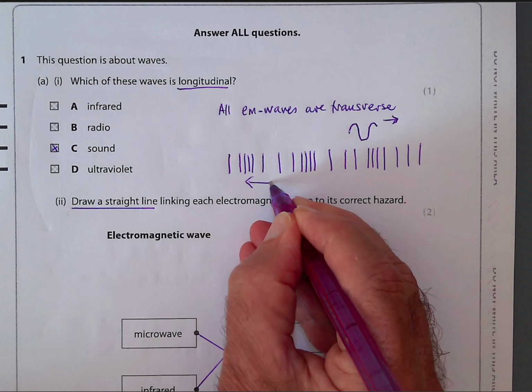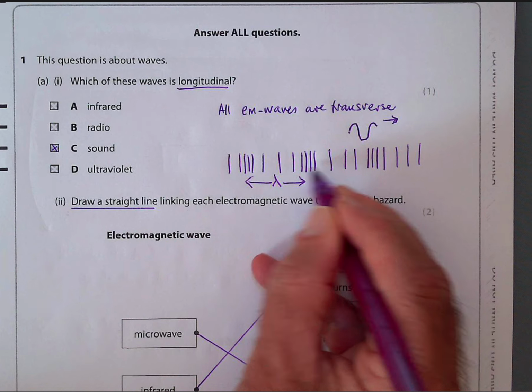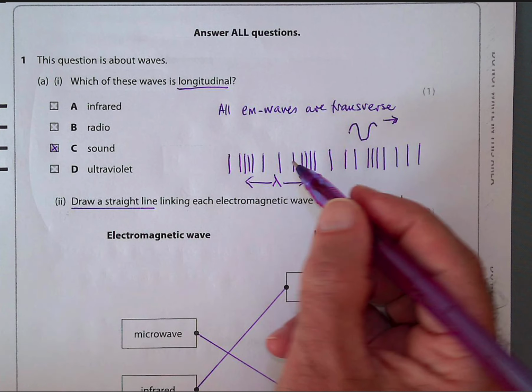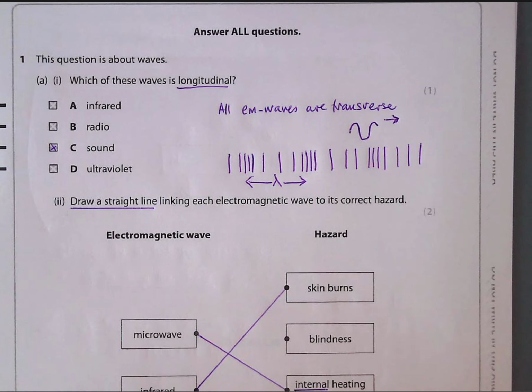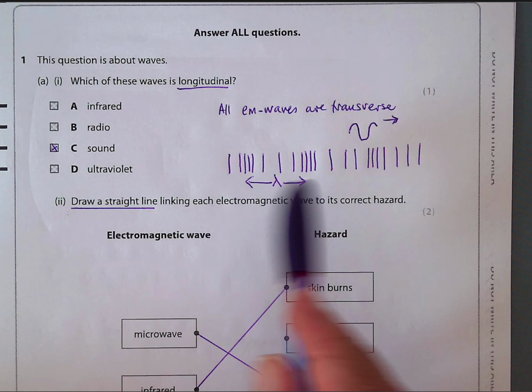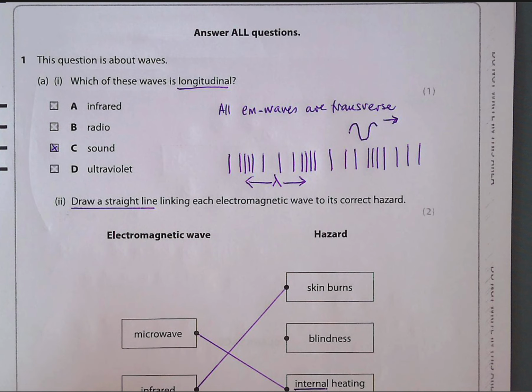So the wavelength, for example, for a sound wave would be the areas of the lines being close together. And the lines represent layers of molecules in the medium. So for example, when I'm speaking, it goes through to the microphone and it creates areas of compressions, and in between we call them areas of rarefactions. So sound is one of the main examples of longitudinal waves.